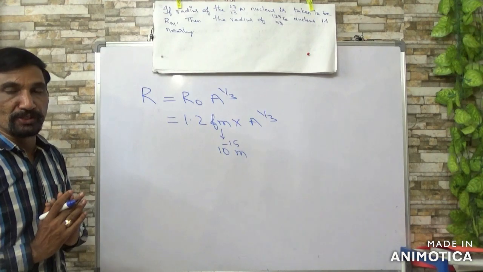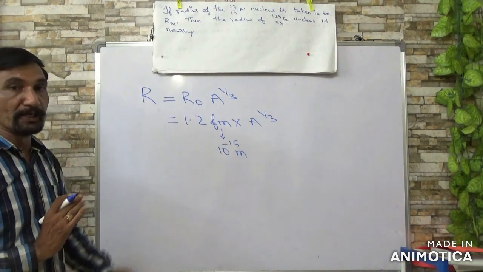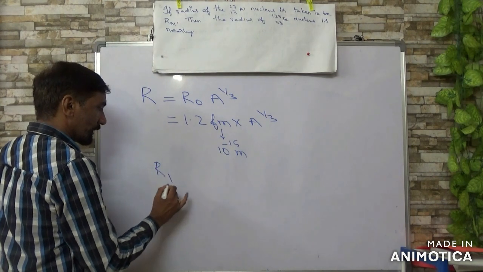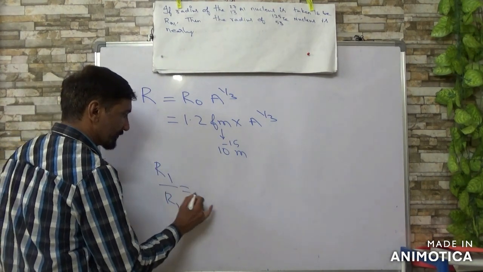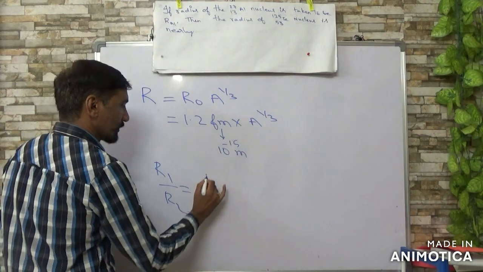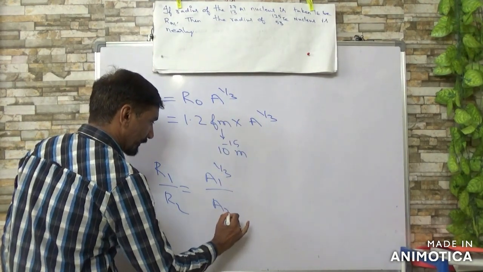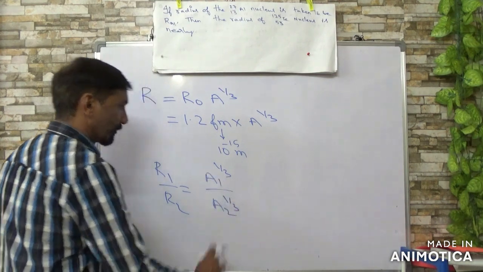All nuclear distances are measured in Fermi. Okay, so the ratio of radii, R naught is constant now. So A1 power 1 by 3 by A2 power 1 by 3.